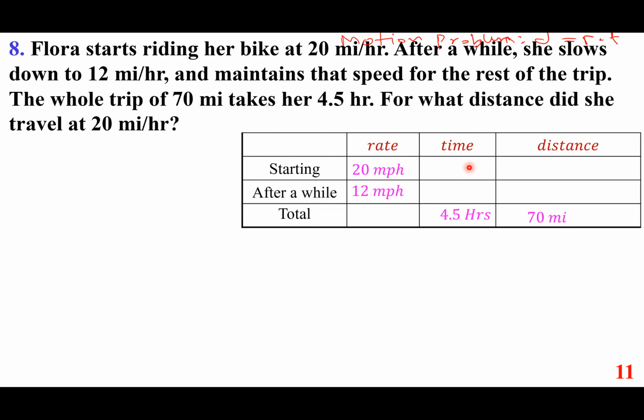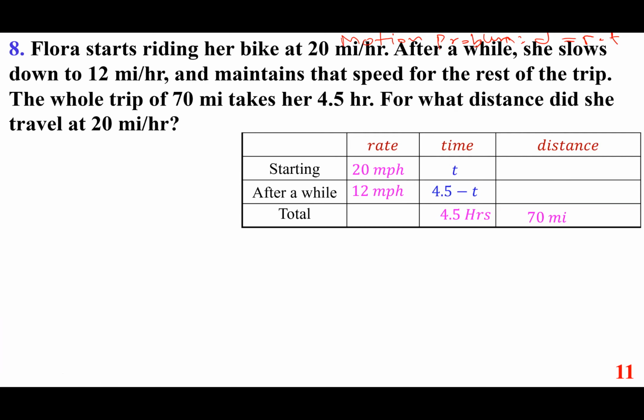X, Y, Z, T. But if you call this T, then if the total is 4.5, this must be 4.5 minus T. If this is T or X or Y, whatever variable you choose, or the variable they tell you to choose, then this would be 4.5 minus that. If you go with two variables, let's say X and Y, they add up to 4.5 if you want to go with the system. All right, now we're going to stick with this formula, D equals RT.